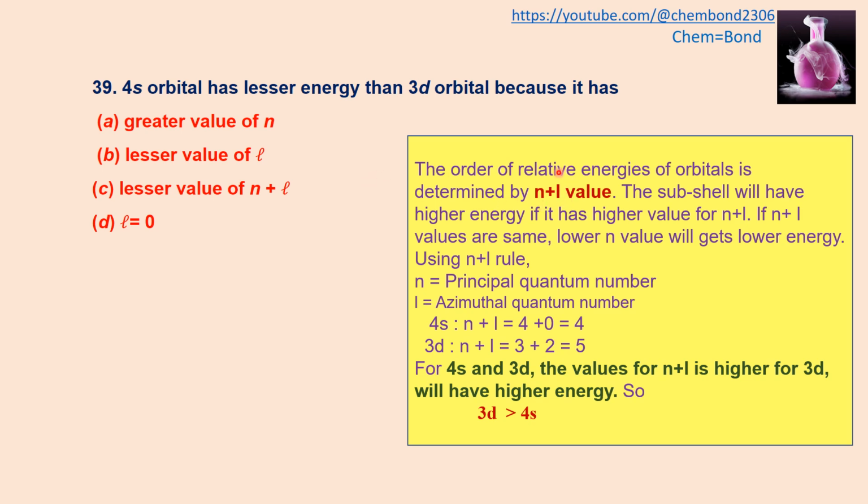If the n plus L value is high, it has higher energy. Finding the n plus L value for 4s and 3d, we get 4 and 5 respectively. Now 5 is higher than 4, which means 4s has less energy than 3d.